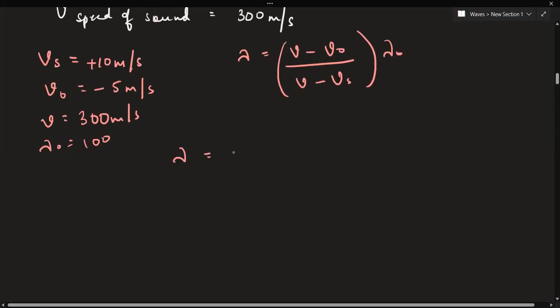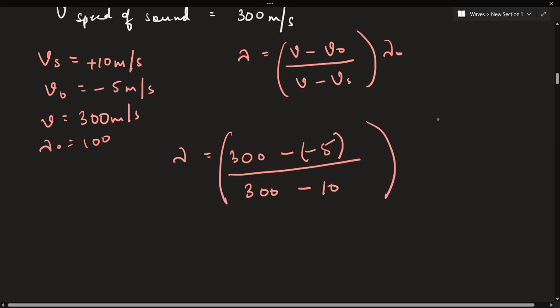See, V is 300, given, minus. Now for the observer, should I write minus 5 or plus 5? Minus 5. This negative sign is of the formula, and this negative sign is of the sign convention. So 300 minus (minus 5), divided by 300 minus velocity of the source, 10.